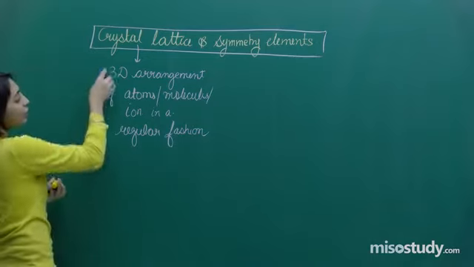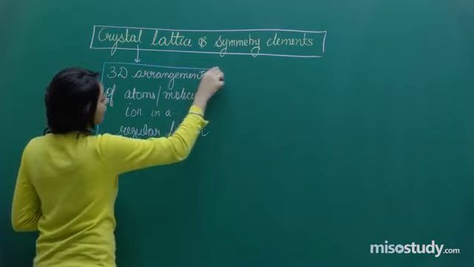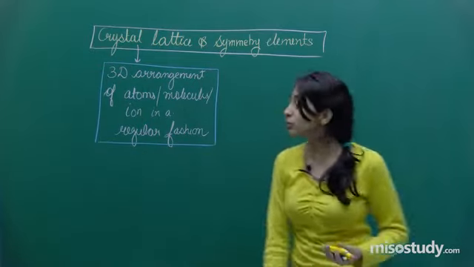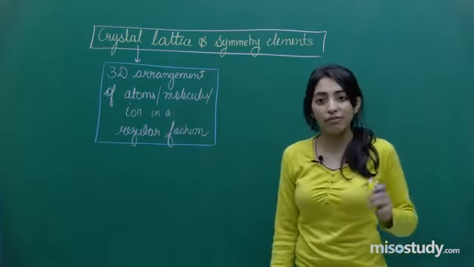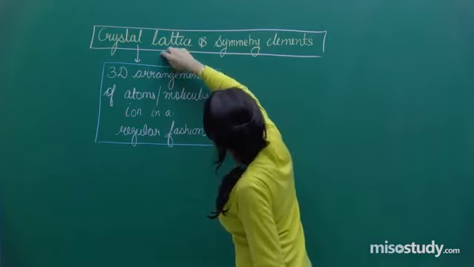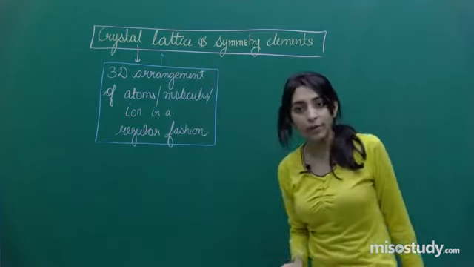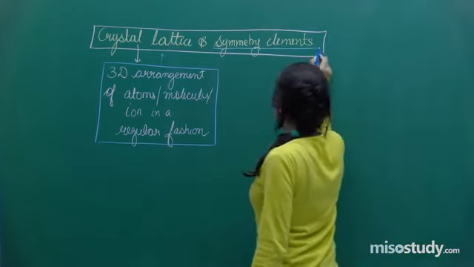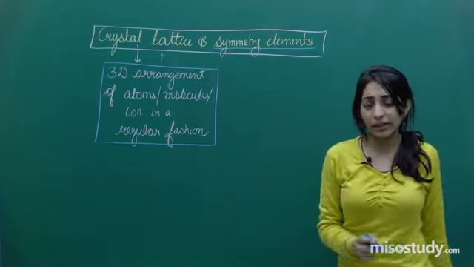So the three-dimensional representation or arrangement of atoms, molecules or ions in a regular fashion is known as a crystal lattice. Am I right? Now moving on to what is a symmetry element. What is a symmetry element, guys?